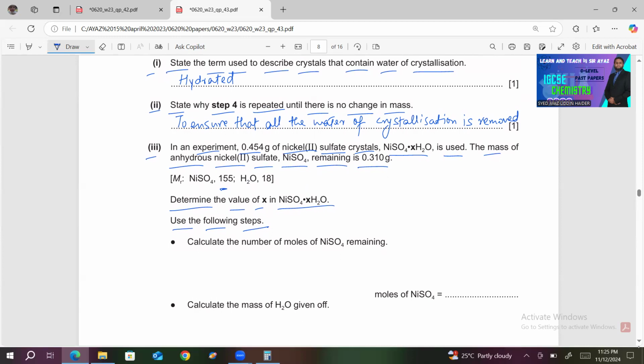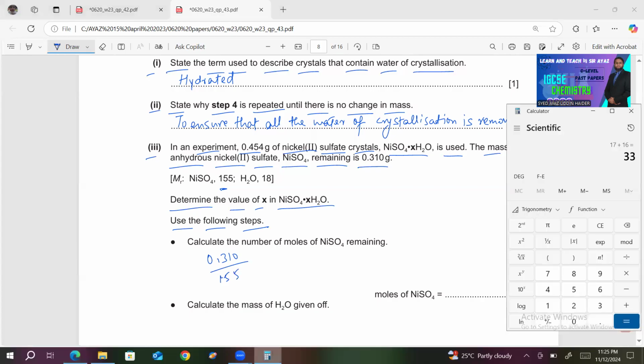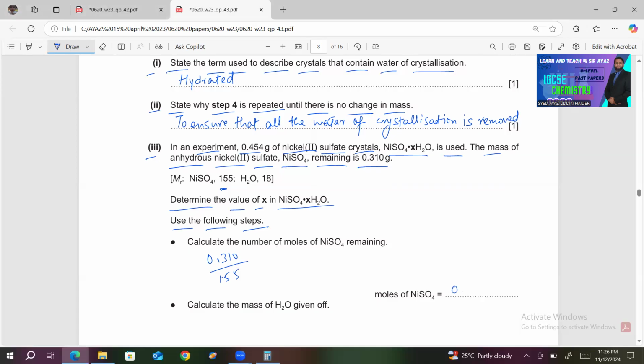So you divide 0.310 by Mr, that is 155. 0.31 divided by 155 is 0.002 moles. This will be the answer. So I will write 0.002.